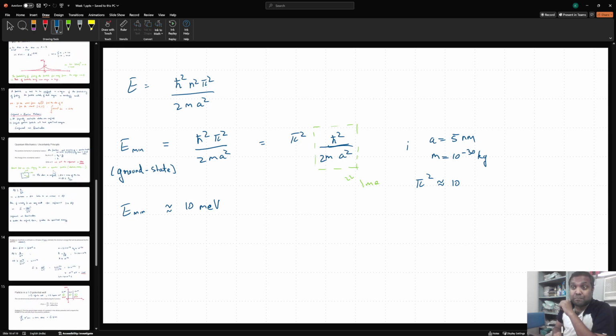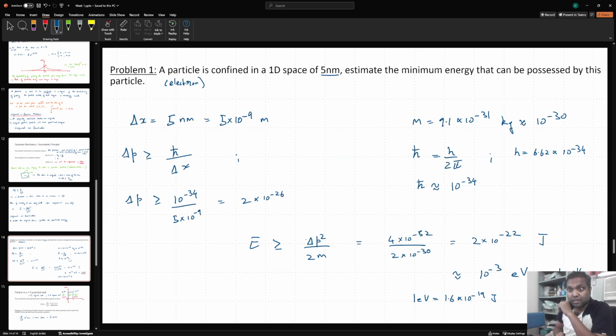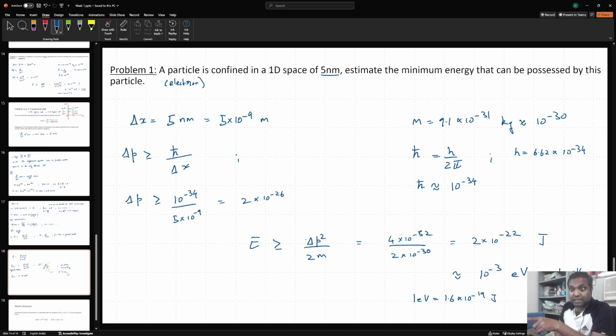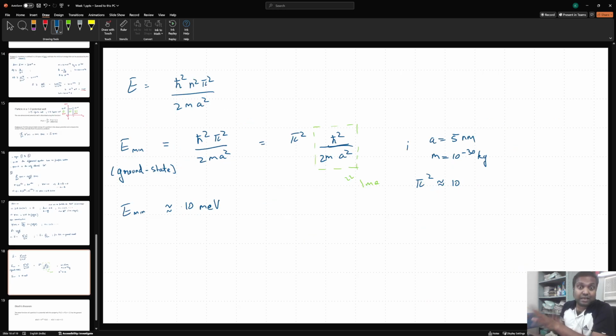That is the absolute minimum possible energy. If we look at this problem, this is the minimum energy that can be possessed by this. So we essentially said E is greater than this, and as we can see by solving, this is definitely greater than 1 MeV. So our estimate was actually not too bad. It was in fact pretty good.